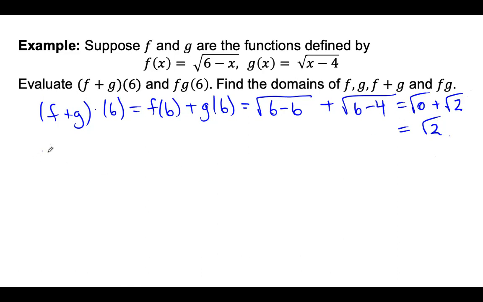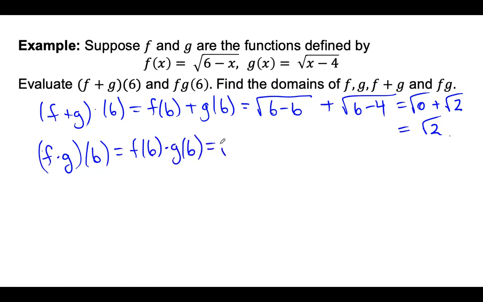The next one is the product, evaluated at 6. So we have F evaluated at 6 times G evaluated at 6. So again, 6 minus 6 times the square root of 6 minus 4. Here we have the square root of 0 times the square root of 2, which is 0.